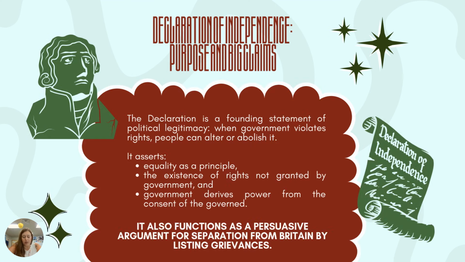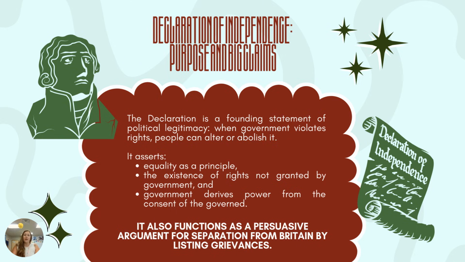Many of these ideas are laid out early in our first foundational document, which is the Declaration of Independence. And the Declaration of Independence is kind of four major parts, right? It's written by Thomas Jefferson, and the English kind of see it as a formal declaration of war, but it's really to us like a founding statement of political legitimacy, a statement of what we believe should happen when governments violate people's rights.